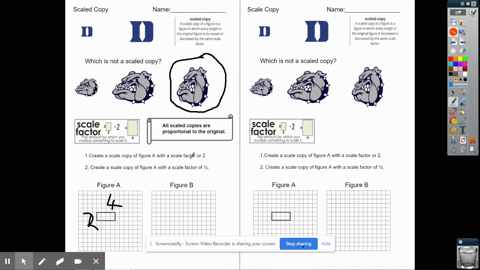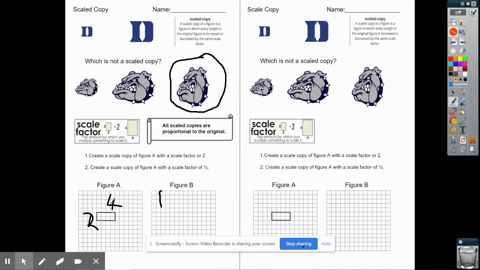So if I want a scale factor of 2, that means that I'm going to increase everything by a multiple of 2. So my width was 2, so now I'm going to make it 4. 1, 2, 3, 4. It was 2. We multiply that by 2 and we get 4.